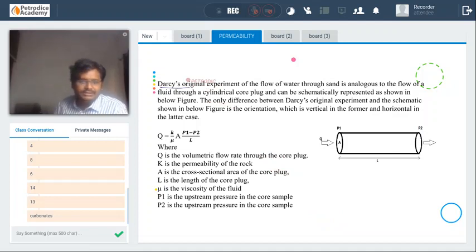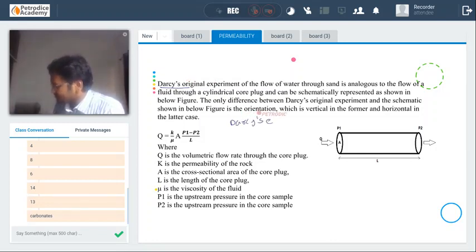So Darcy's equation is given by this formula. Do write it down, guys. Write down Darcy's law, or Darcy's equation.